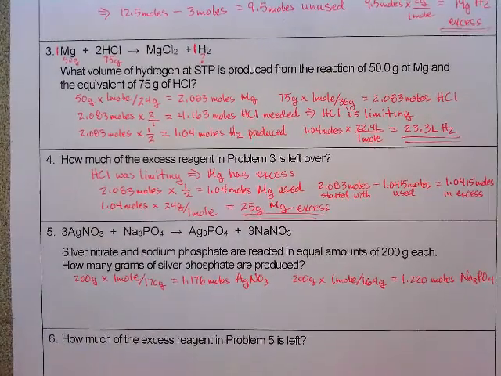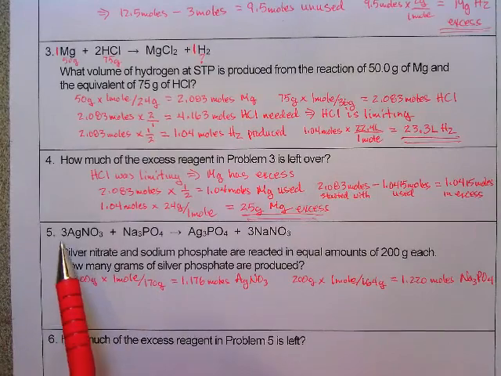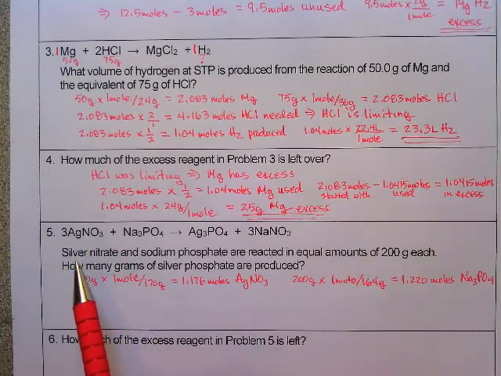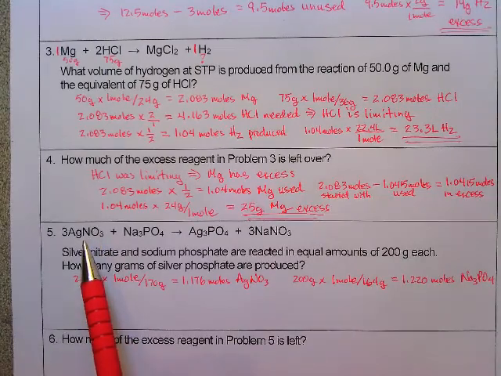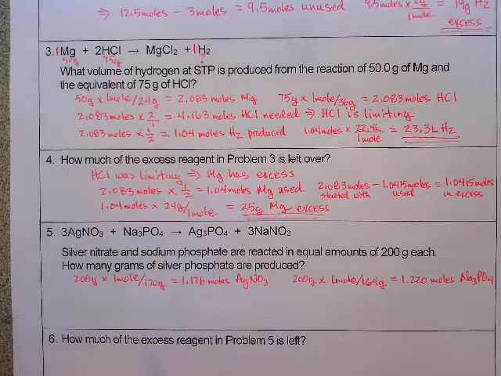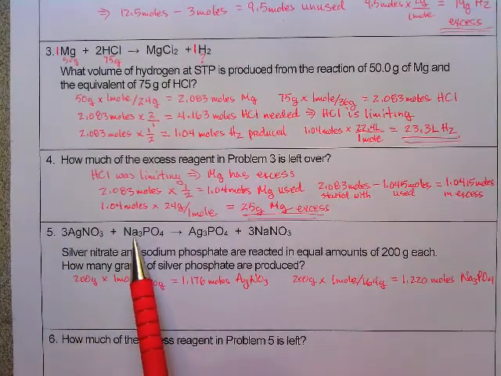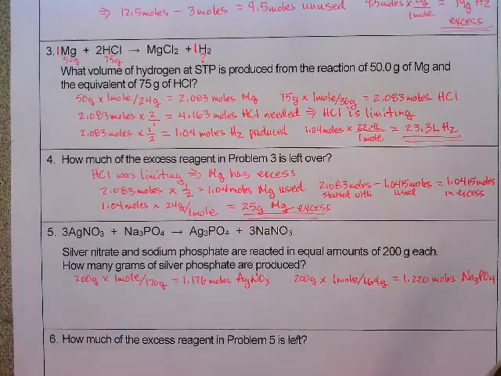Now, just as a reminder, to add up these amounts, you have to go back to the periodic table. 16 for each oxygen, 14 for the nitrogen, and then the rest of it is the silver. In this case, 3 sodiums here, 1 phosphorus, 4 oxygens to get to my 164.